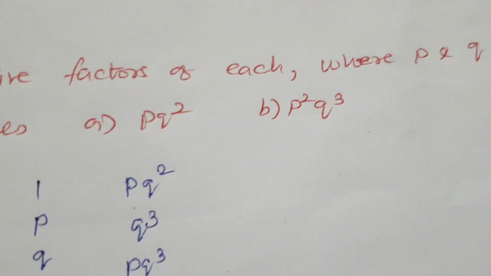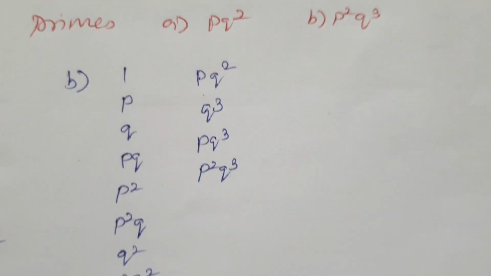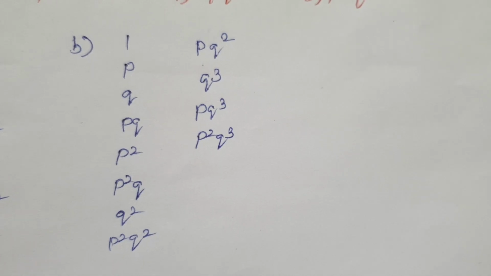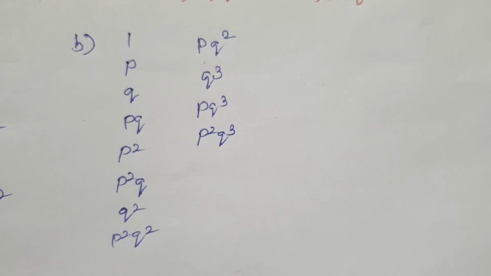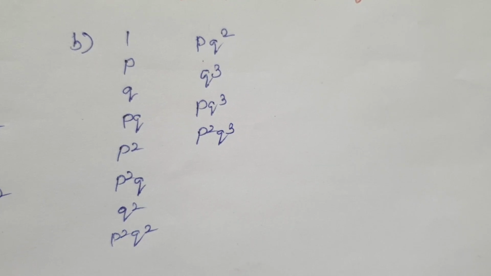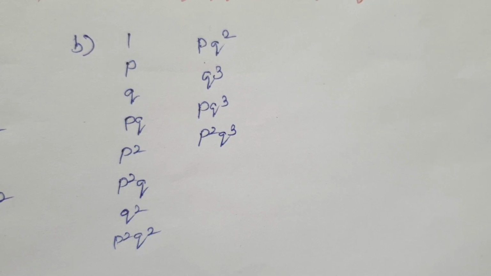For the second one, p squared q cube, the factors are 1, p, q, p into q which is pq, p squared, p squared q, q squared, p squared q squared, pq squared, q cube, pq cube, and p squared q cube.